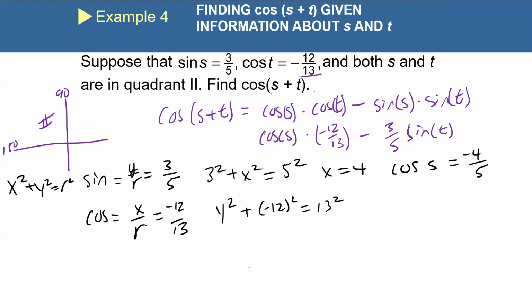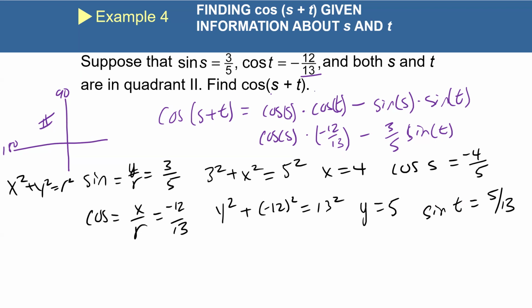That gives me 169 minus 144, which is 25. And what's the square root of 25? So y equals 5. So the sine of T equals 5 over 13.